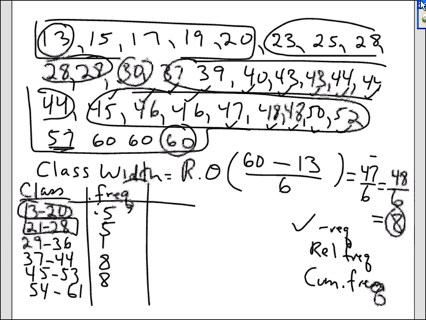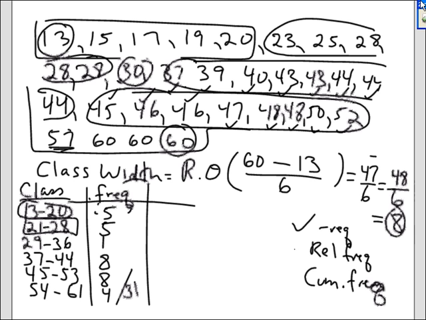Okay, 8 again. And 54 to 61 is the last row, which is 4. Now, if we add up those numbers, we get 31. So there's your frequency table.